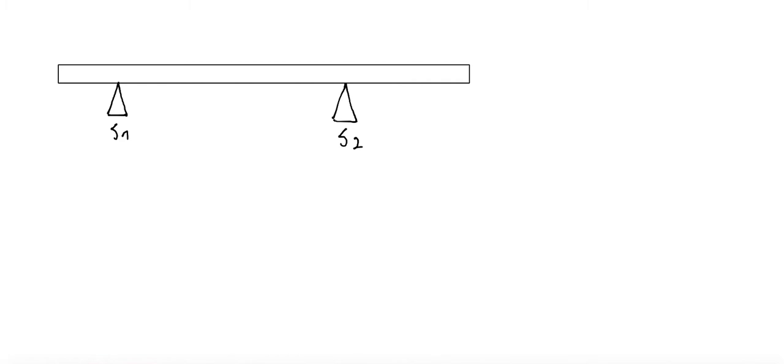Let's imagine that there is a point object of mass capital M, and the rod has a mass of small m. Capital M is, let's say, 200 kilograms. Small m is, let's say, 100 kilograms.